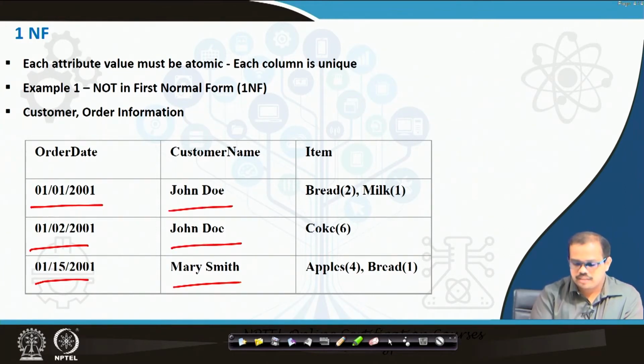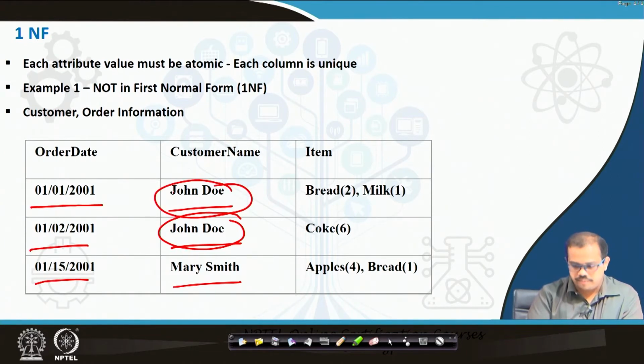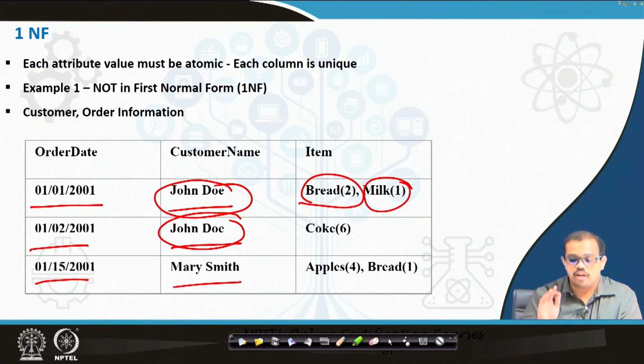When you look at the customer name, you have the same name that is repeating, and even if we consider this customer name as a primary key, if you look at item as an attribute data, it is not atomic, each column is not unique, it has 2 different values.